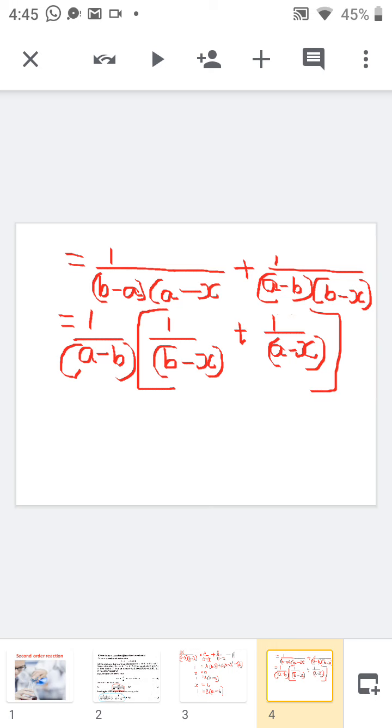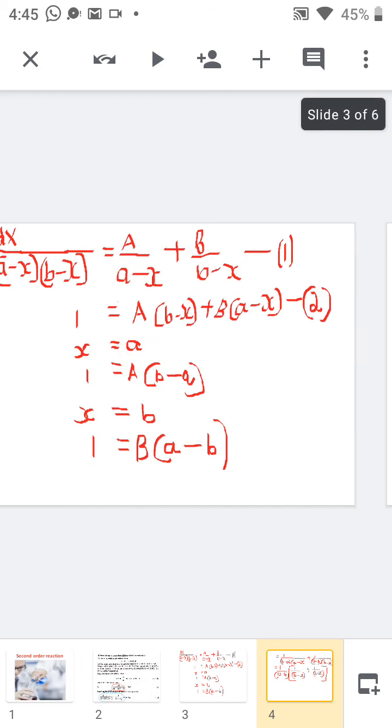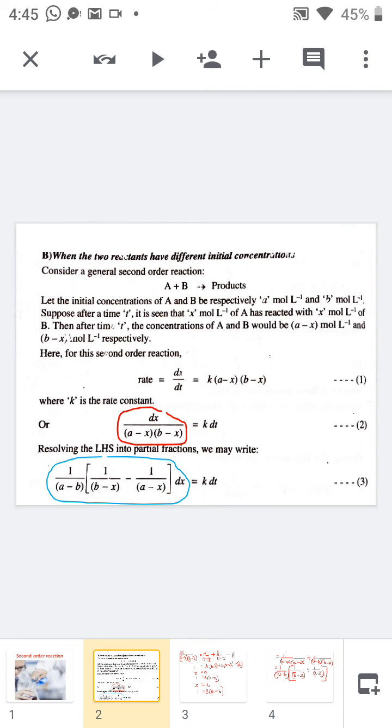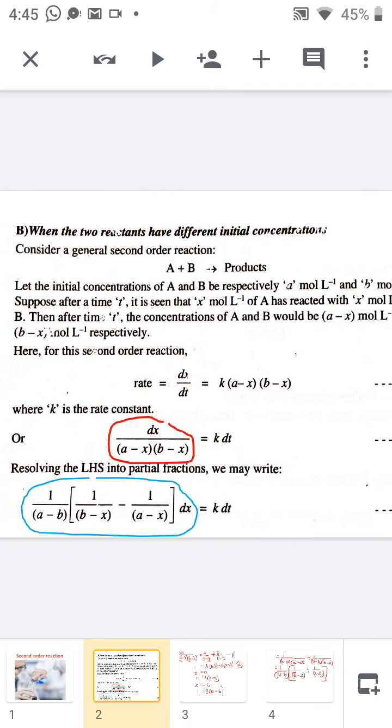So we get this equation number 3, which I have shown by the blue circle. So instead of dx by (a minus x)(b minus x), we can write 1 by (a minus b) into [1 by (b minus x) minus 1 by (a minus x)] dx, equal to k dt.